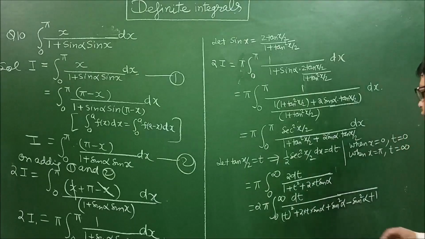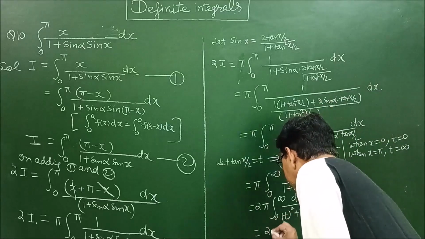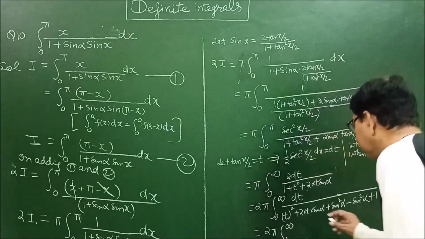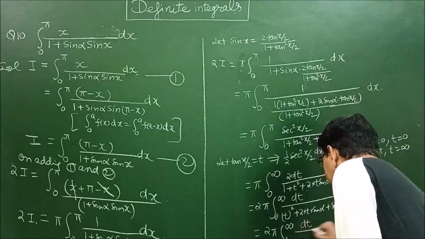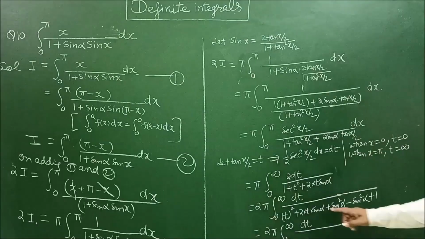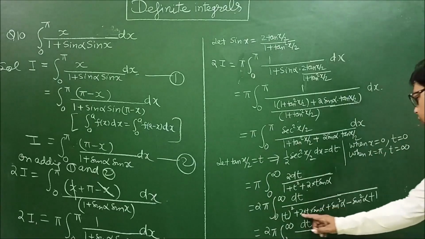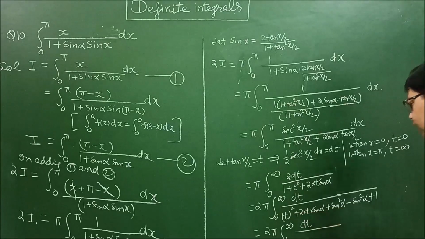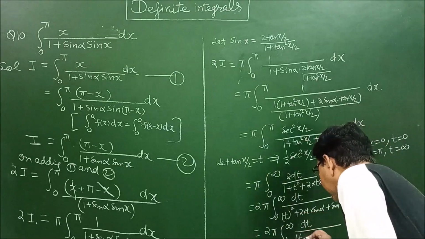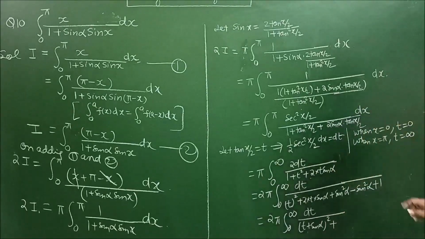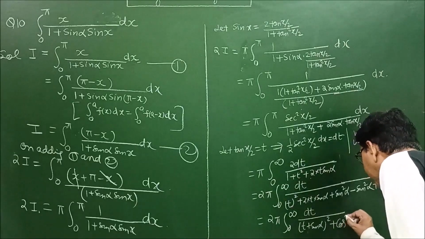So this is equal to 2 pi integral 0 to infinite dt upon these three terms, t square plus 2t sin alpha plus sin square alpha, this is the whole square of t plus sin alpha, so t plus sin alpha whole square, plus here we have 1 minus sin square alpha, which is equal to cos square alpha.